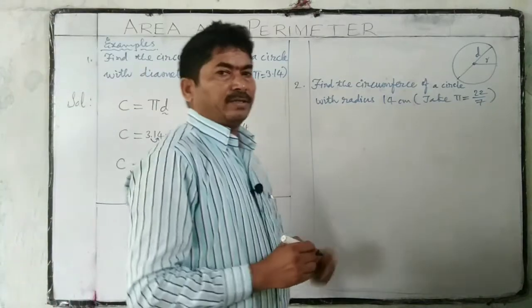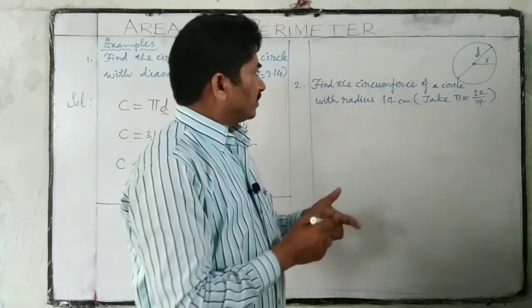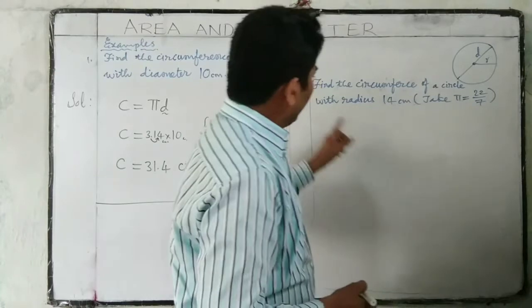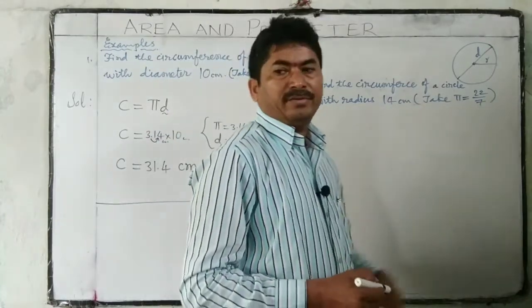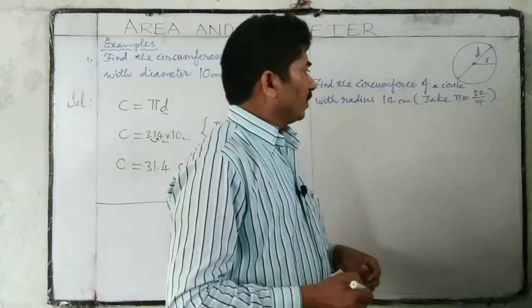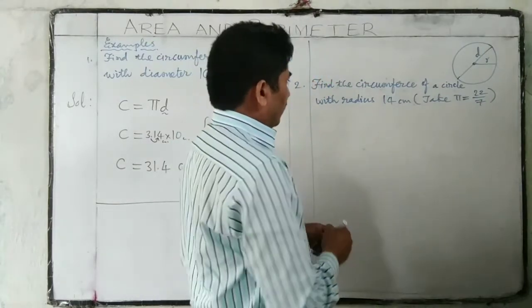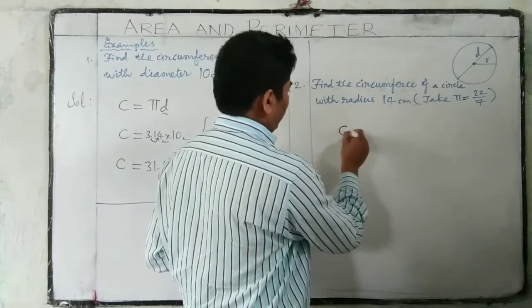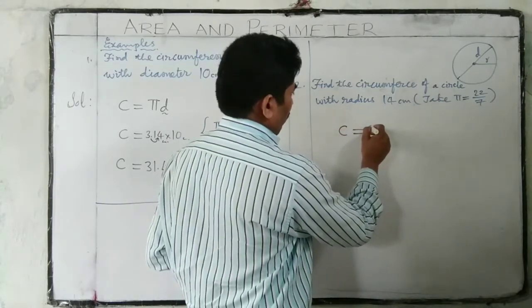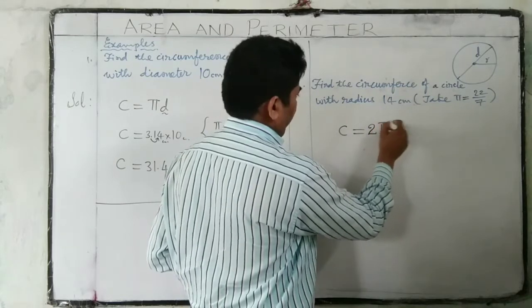Next, second example. Find the circumference of a circle with the radius 14 centimeters. Take pi is equal to 22 by 7. If given radius, we have to use the formula C is equal to 2 pi r.